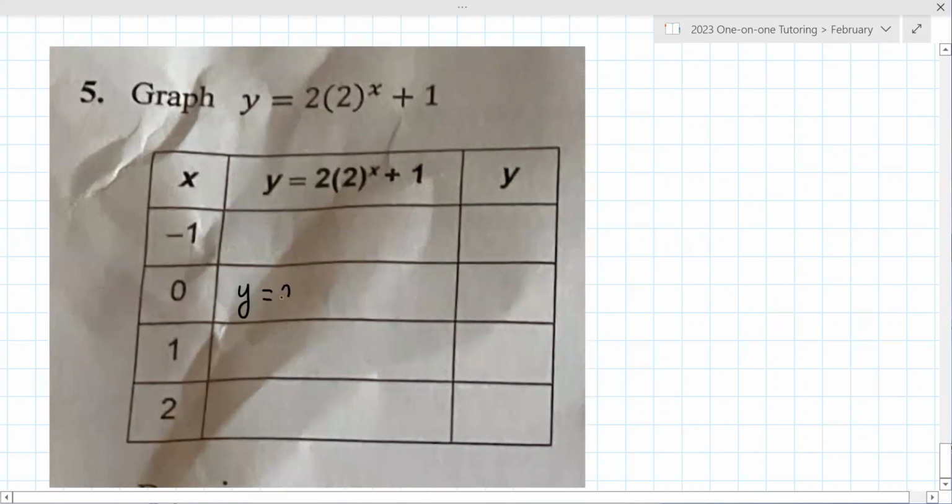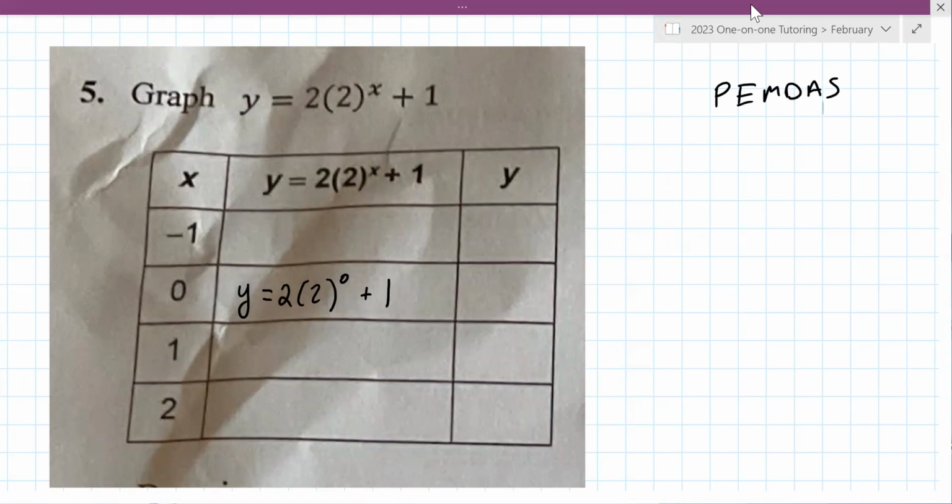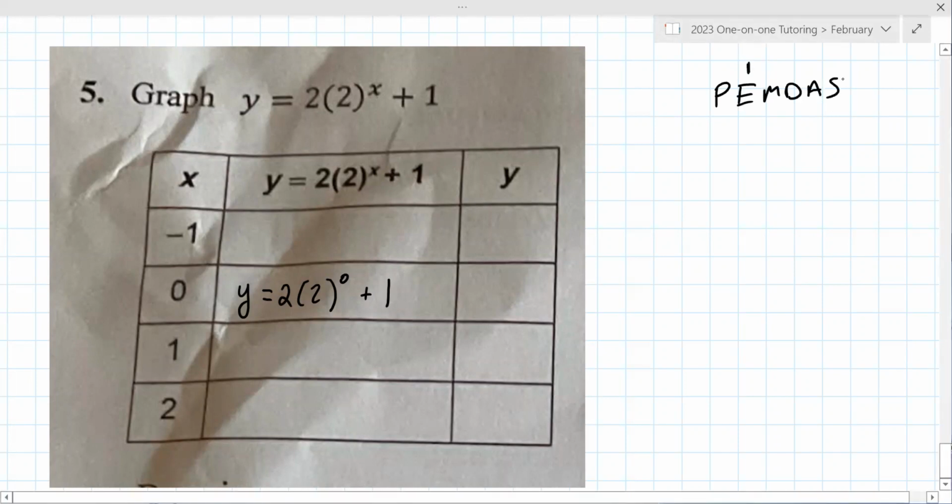So Y equals 2 times 2 to the power of 0 plus 1. As a reminder, your order of operations tells you that you first do your exponents, then you multiply, then you add. So what is 2 to the power of 0? 1. Yeah, anything to the power of 0 is always 1.